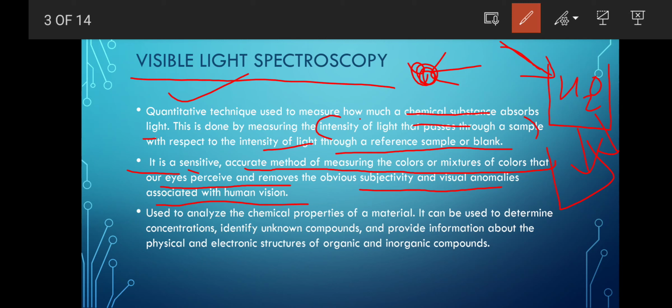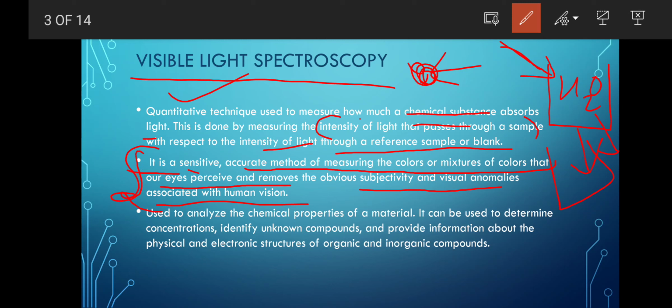So here, whatever is visible to our eyes, whatever colors we can differentiate through our eyes, can be analyzed in this technique.